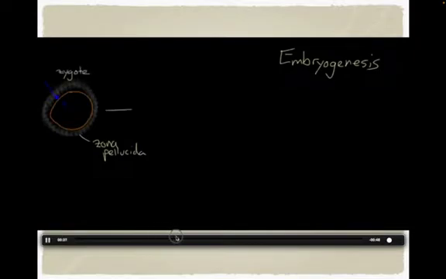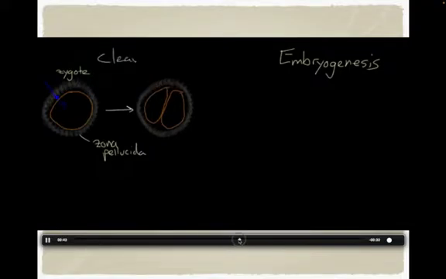And so now we have the zygote, and then this zygote will start dividing, but the zona pellucida is still there. So this division or this mitosis will keep going, and cells will increase in number, but they will not increase in size.